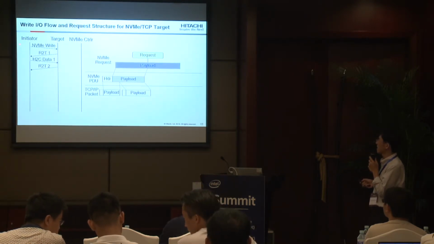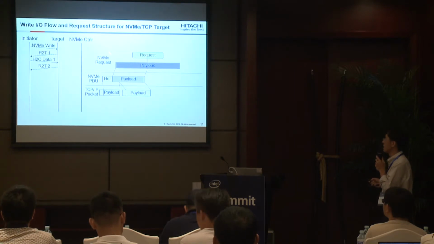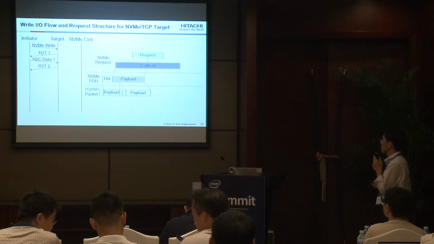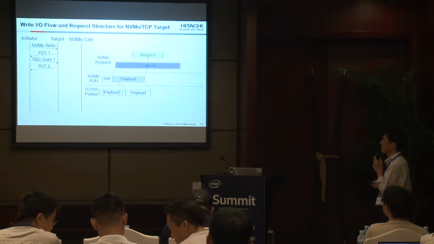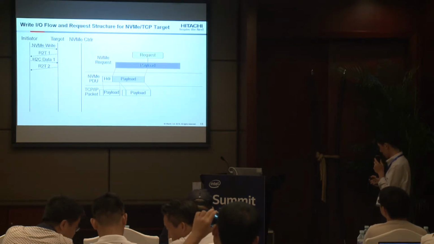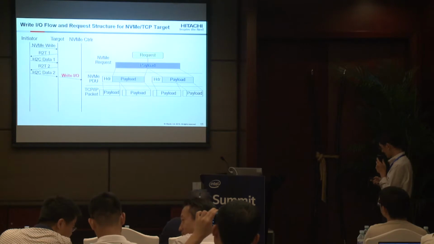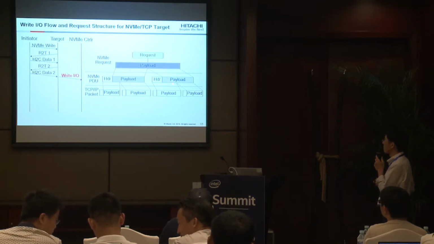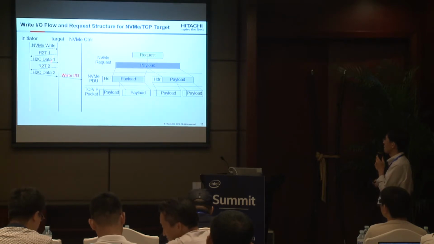When the target receives the first data, the target keeps gathering the payload without submitting I/O to its backend. And then when the target receives the whole payload, the target submits one I/O to its backend.